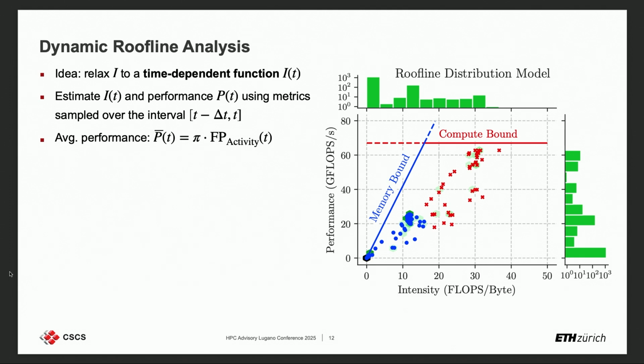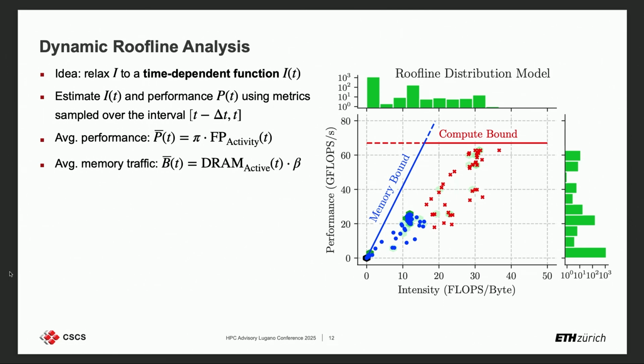The percentage tells you how much you've been computing, and then you multiply by the peak to get the actual number of flops. You can do the same for the memory traffic from memory to registers: you take the memory usage and multiply it by the peak memory bandwidth to get an idea of how much data you're moving around.